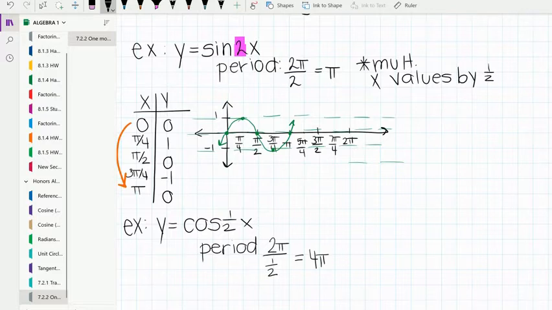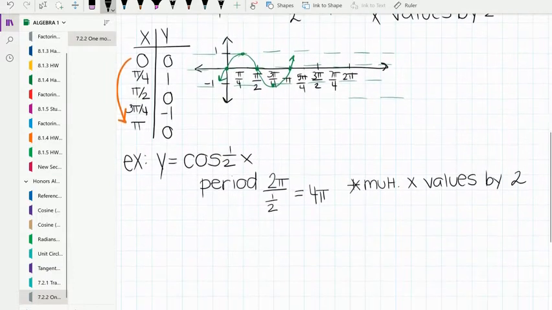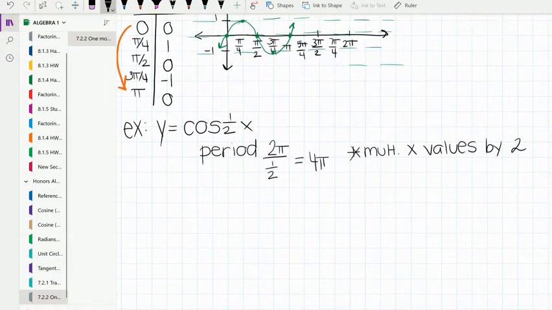which means it completes the cycle in half the time. In other words, it's twice as slow. So this time, because it's 1/2, we multiply the x values by 2, because remember, you always multiply by the reciprocal when we have a b value or horizontal stretch or compression. So we will set up our xy table. Remember, the y values are staying the same.